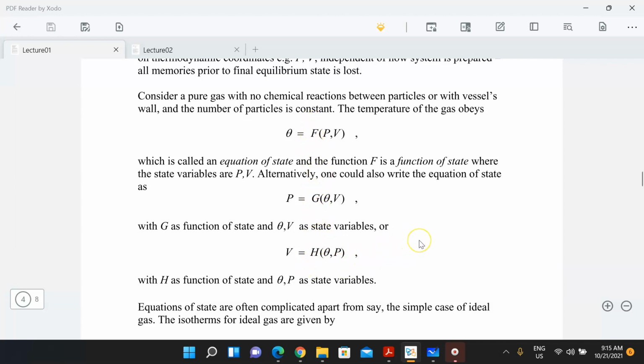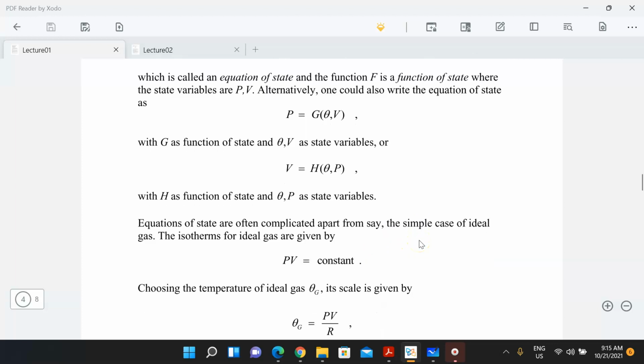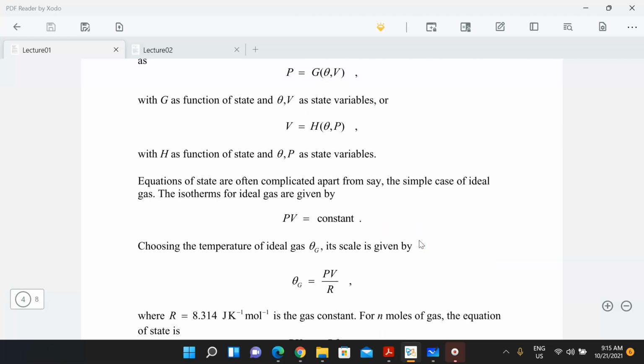In the case of the ideal gas, we already know that the isotherms are given by PV equals constant. In fact, when you use the gas temperature, we know how it is related. This is in the case of 1 mole, if I'm not mistaken, n equals 1.